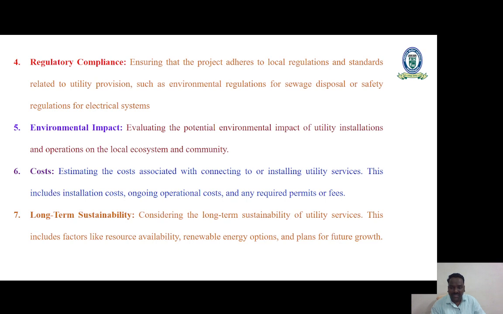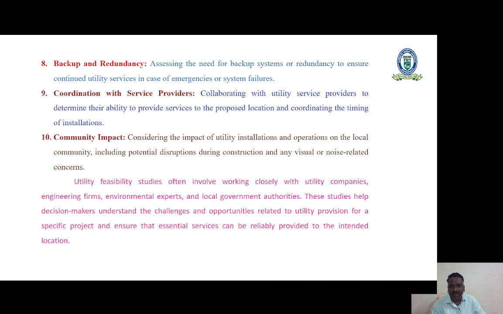Long-term sustainability. Considering the long-term sustainability of utility services, this includes factors like resource availability, renewable energy options, and plans for future growth. Backup and redundancy. Assessing the need for backup systems or redundancy to ensure continued utility services in the case of emergencies or system failures.